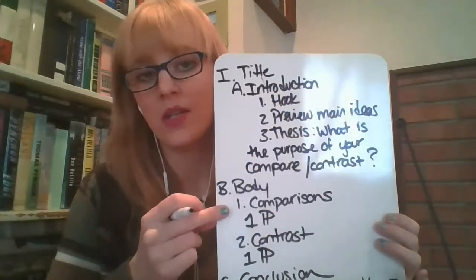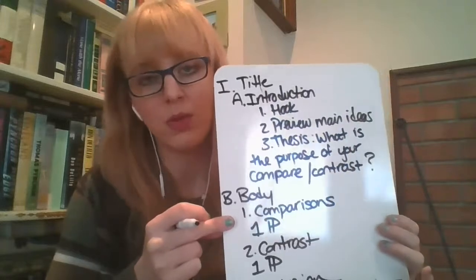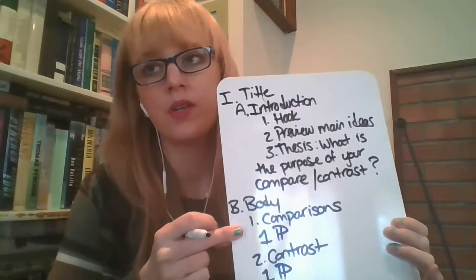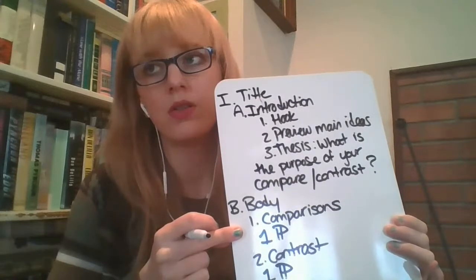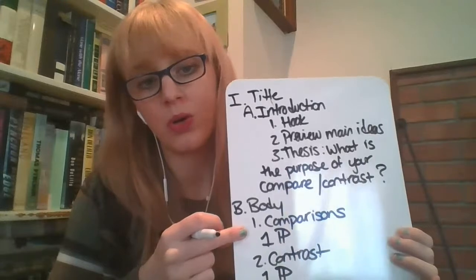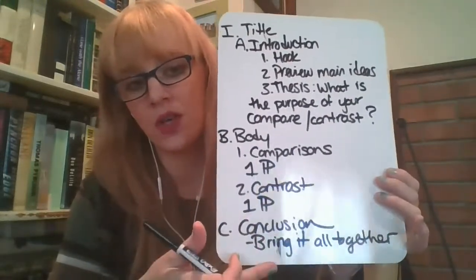And for the comparison, I might compare administrative expectations. Maybe they're similar. I might compare roles and authority for both male and female wardens and things like that. Okay. And then in the conclusion, you bring it all together.